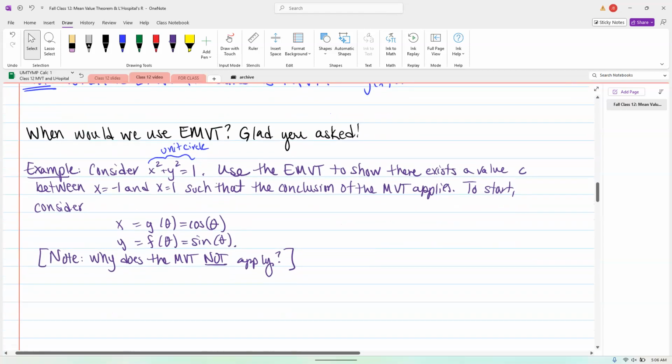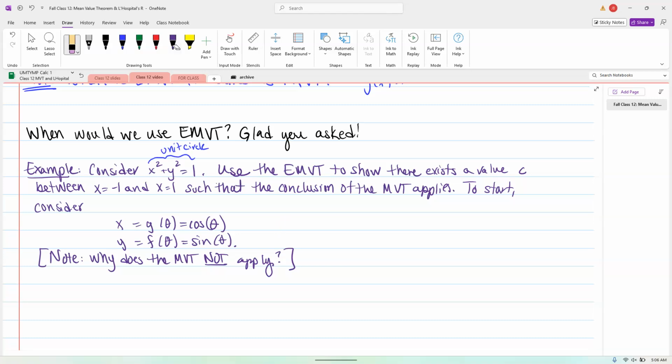Then I can calculate the derivatives: g prime is equal to negative sine of theta, and f prime is equal to cosine of theta.